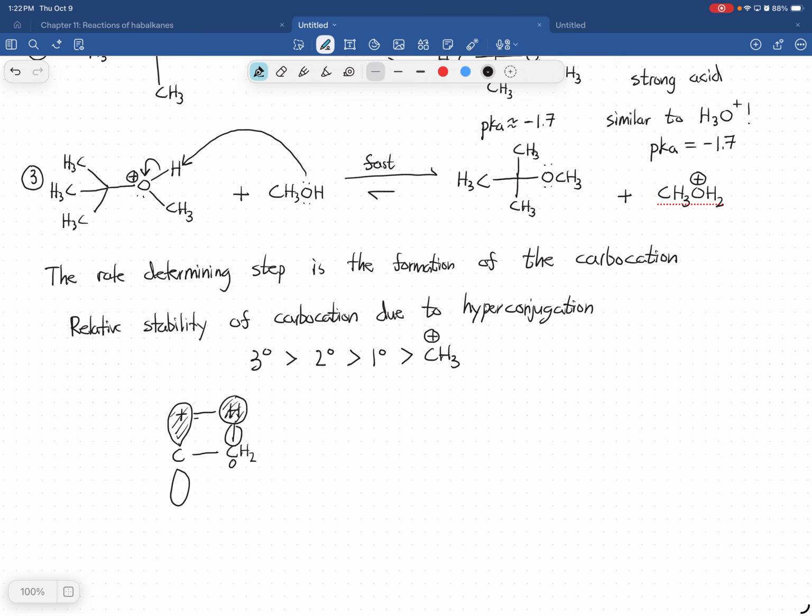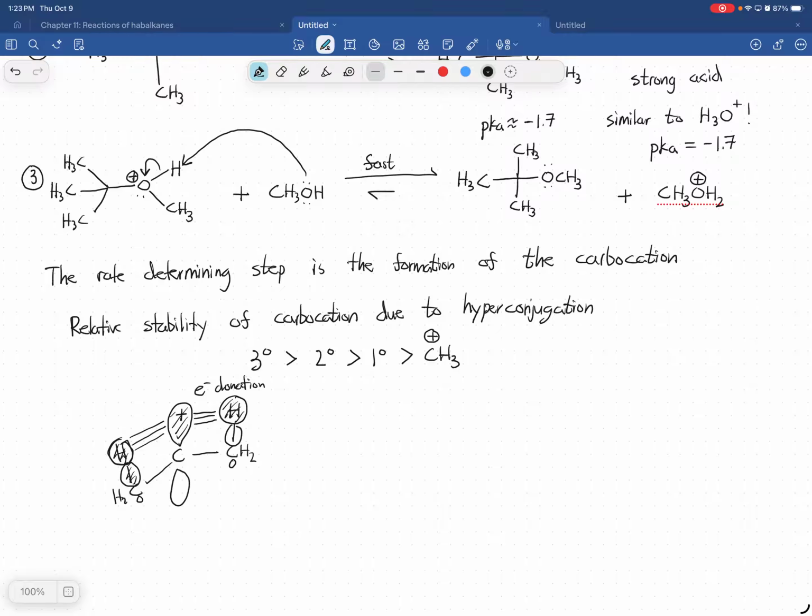So right here we can say here is electron donation. Okay, and then you have another of these orbitals, like this, and they're interacting with the p orbital with the carbocation, okay?